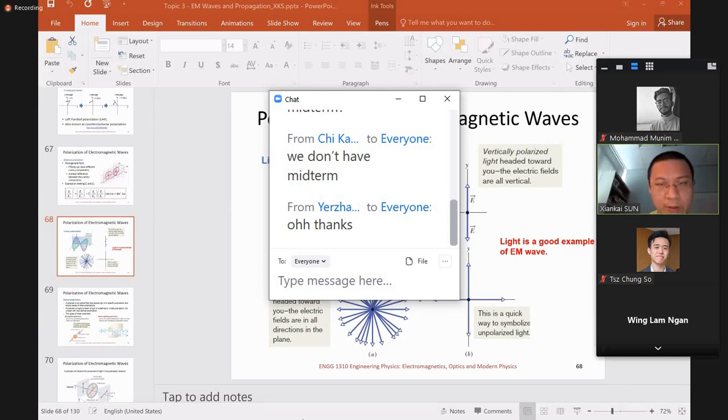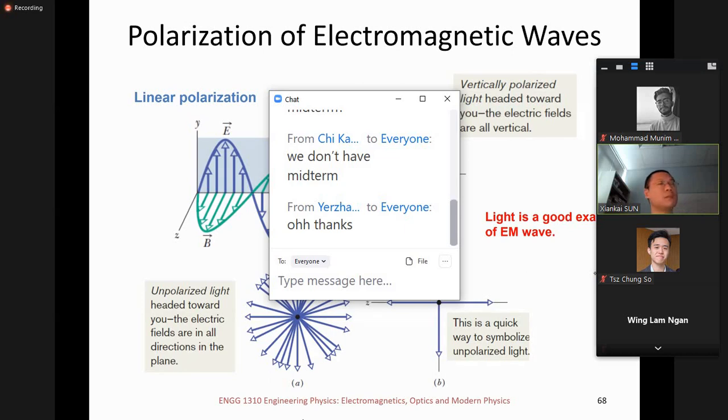Let us come back to the PowerPoint slide. Okay, so just now we talked about linear polarization. And there is another type of light, which is called unpolarized.